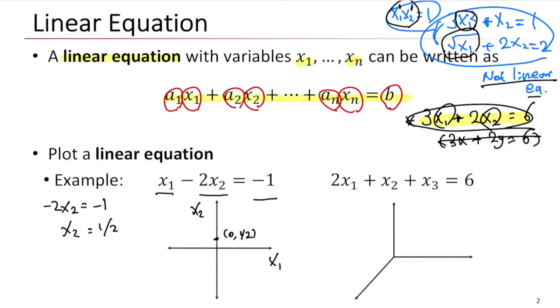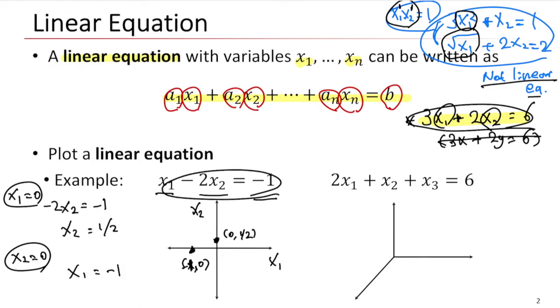And when x2 is equal to 0, x1 is going to be equal to negative 1, so the point is negative 1, 0. These are just two points that satisfy this linear equation.